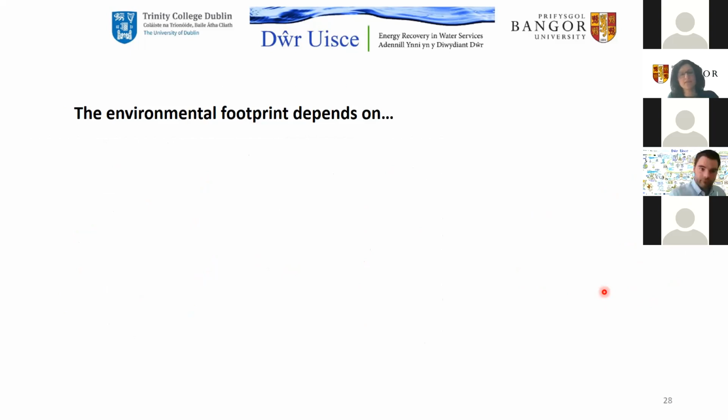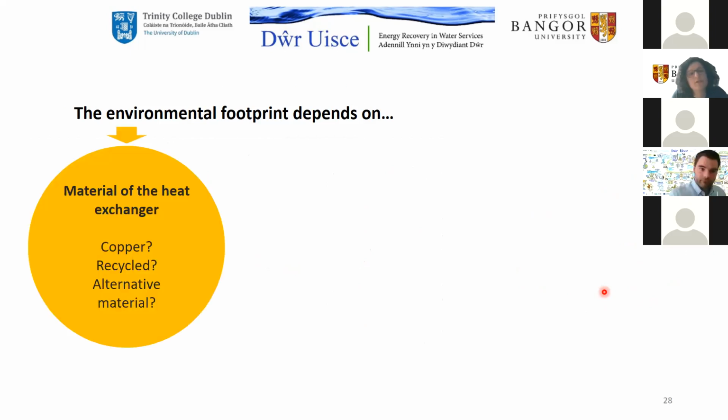Yeah, it's not that easy yet. There are a couple of other things that need to be considered, on which our comparison and our results depend. So the environmental footprint of our heat recovery system depends, for example, on the material that I choose for the heat exchanger. Now, the only commercially available heat exchanger is made from copper.